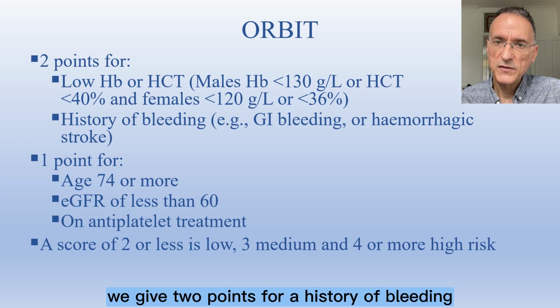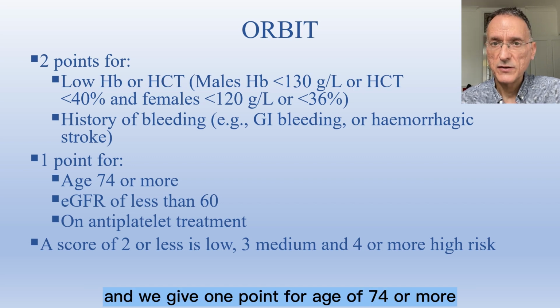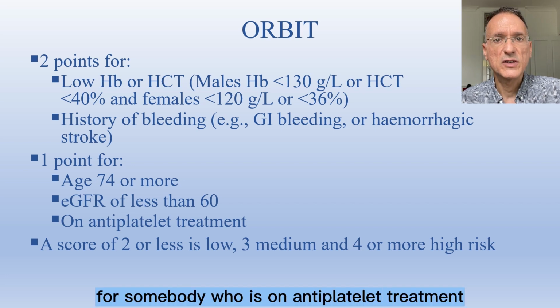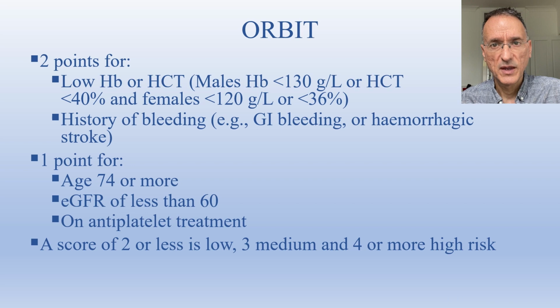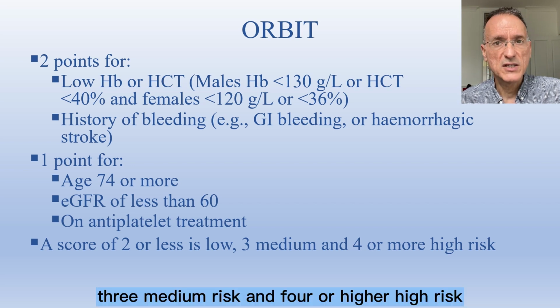We give 2 points for a history of bleeding, for example gastrointestinal bleeding or hemorrhagic stroke, and we give 1 point for age of 74 or more, an eGFR of less than 60, or we also give 1 point for somebody who is on antiplatelet treatment. A score of 2 or less is considered low risk, 3 medium risk, and 4 or higher high risk.